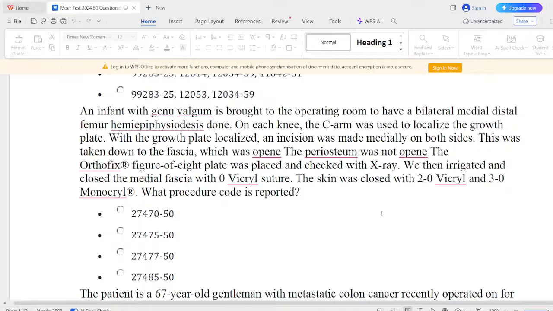This was taken down to the fascia, which was opened. The periosteum was not opened. The Orthofix figure of 8 plate was placed and checked with X-ray. We then irrigated and closed the medial fascia with Vicryl. The skin was closed with 2-0 Vicryl and 3-0 Monocryl. What procedure code is reported?